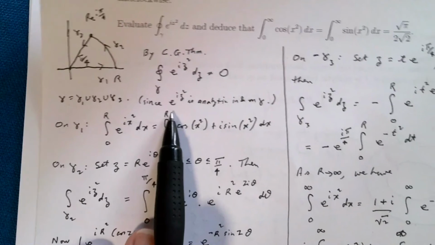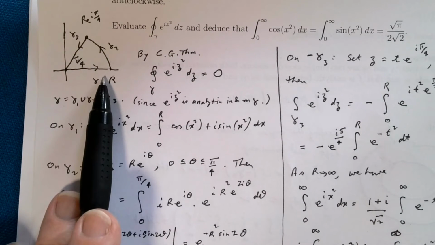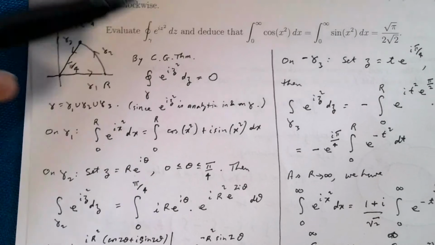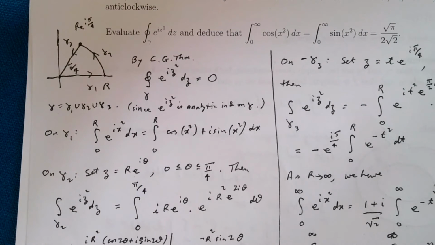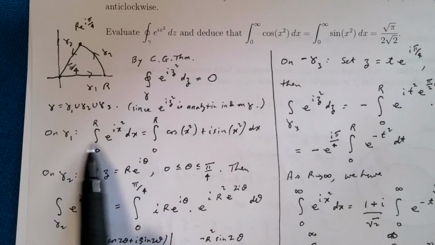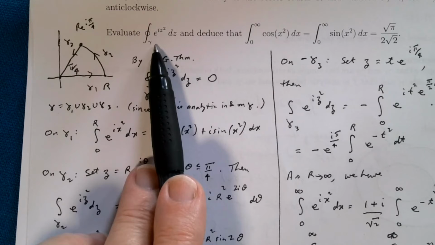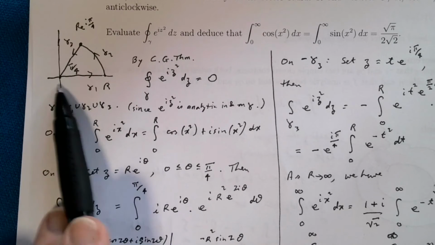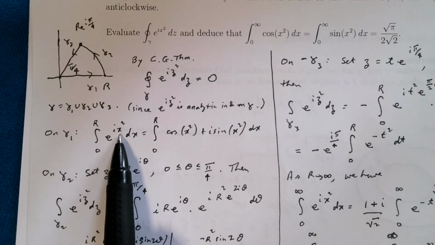So gamma 1 is pretty easy. On gamma 1, we're back on the real axis, so I'm just putting z equals x into here, and integrating from 0 to r. So on gamma 1, the integral we started with just looks like the integral from 0 to r of e to the i x squared, where x goes from 0 to r.